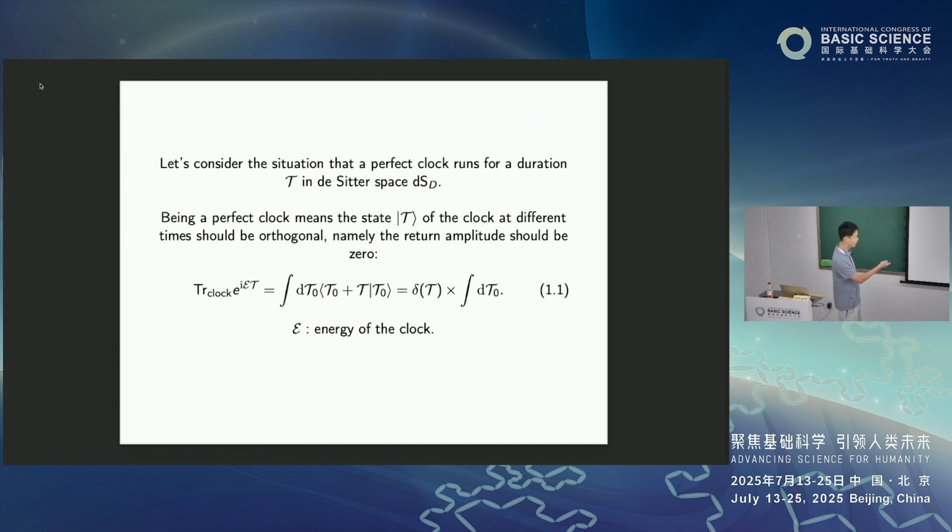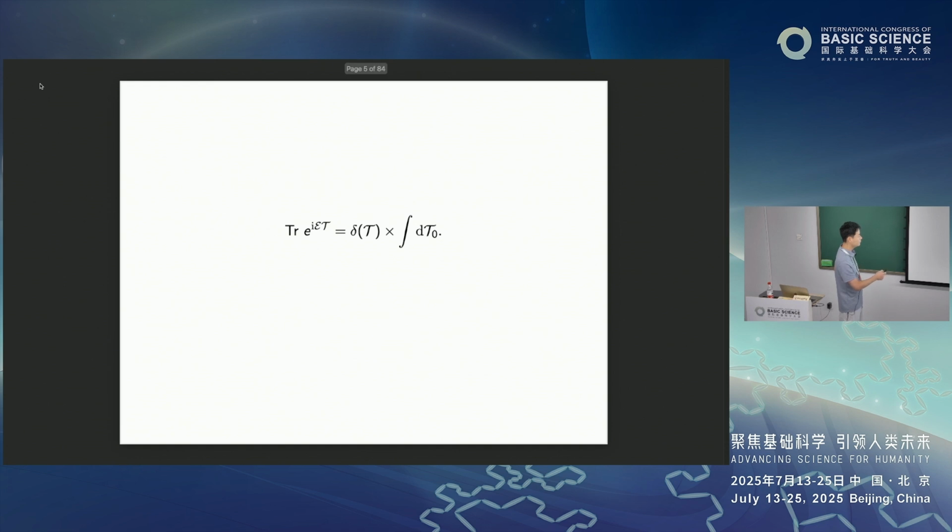So tau 0 is the initial time of the clock, because the clock can evolve from any initial time, and so that is the overall zero mode. We will strip that out. Further question?